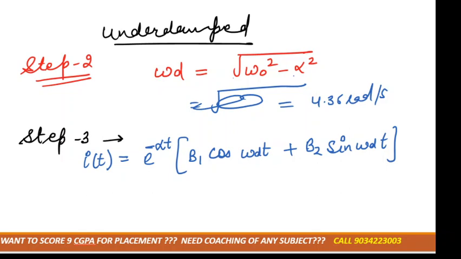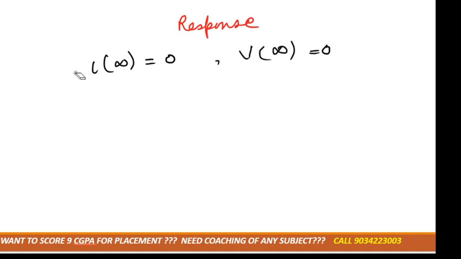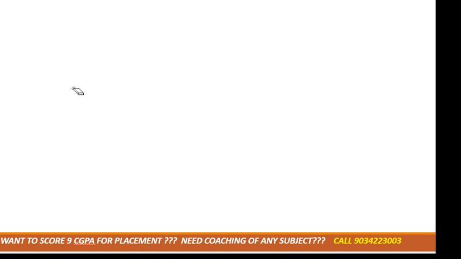Then after that, alpha we know, omega d we know. But we have to calculate the value of b1 and b2, right? For this also I told you the certain steps. Remember? Yes, at t equal to 0 we have to put down the equation.